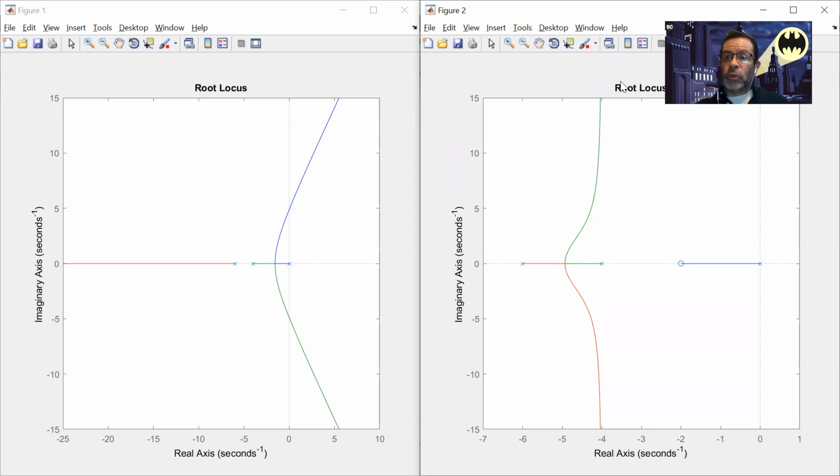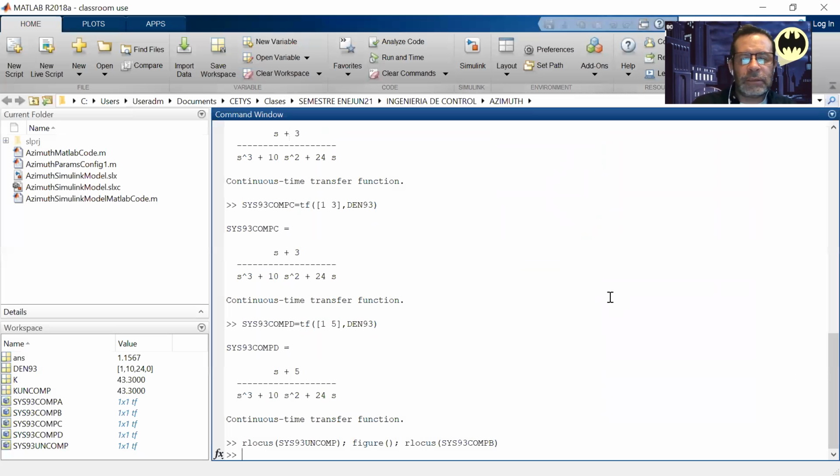Notice how the root locus moved to the left. It moved drastically to the left, adding the zero, and it changed its behavior. It's trying to be a little closer to a second order system. Okay.